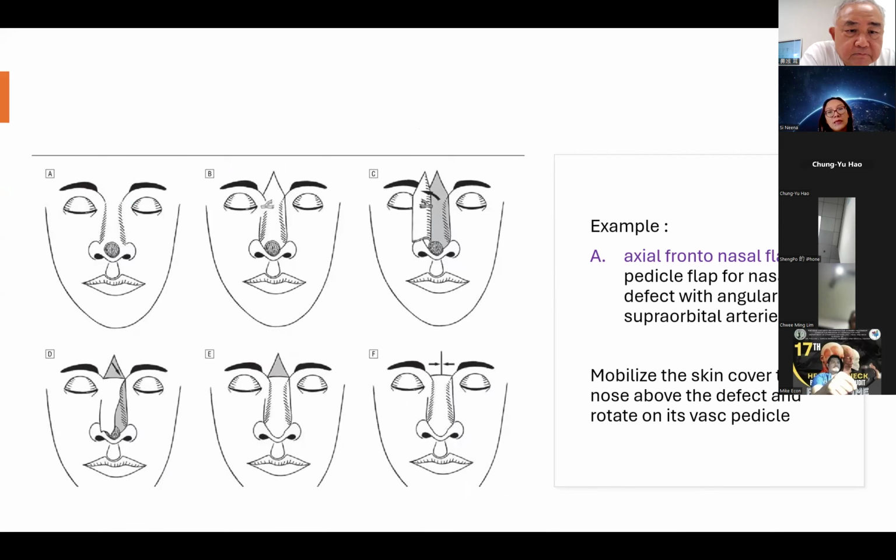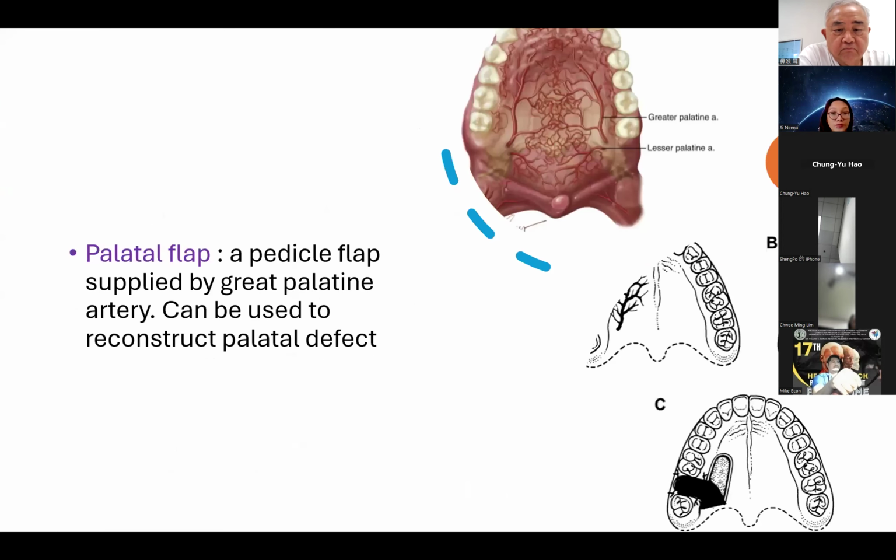For example, if you have a defect at the tip of the nose, there is an axial frontonasal flap where you mobilize the skin over the nose above the defect and rotate it on its vascular pedicle. The axial frontonasal flap has a blood supply from the supraorbital artery, usually at the inner canthus of the eye, so you rotate it on that pedicle to reach your defect at the tip of the nose.